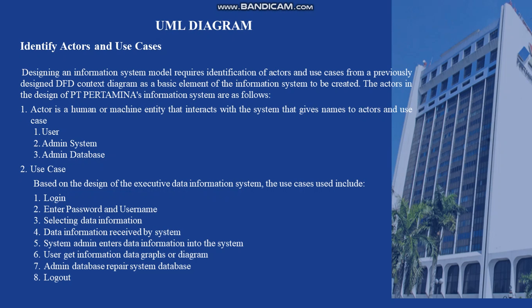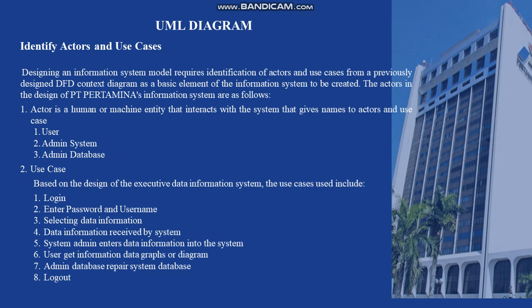So first in the UML diagram is to identify actors and use cases. First is the actor. An actor is a human or machine entity that interacts with the system, and you give names to actors and use cases. Second is the use case. Based on the design of the executive data information system, the use cases used include: 1.